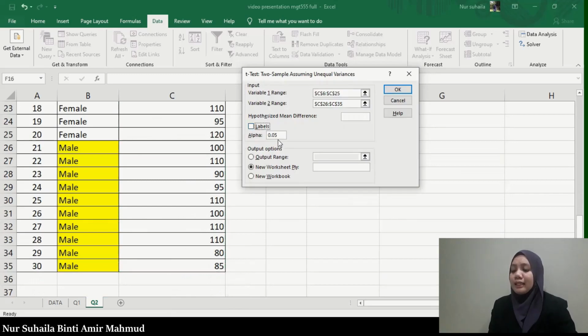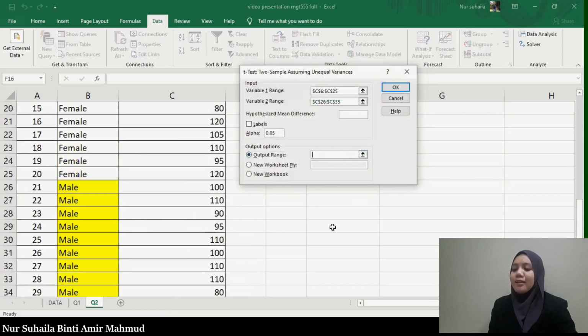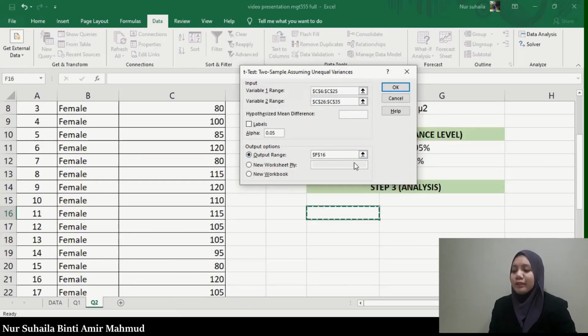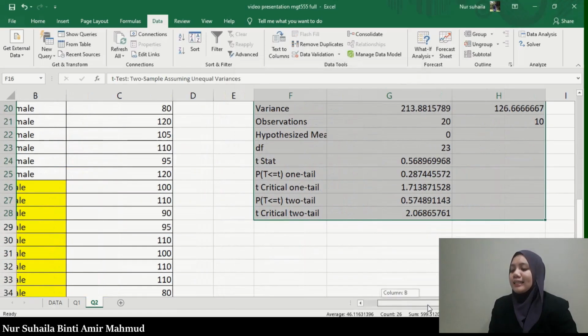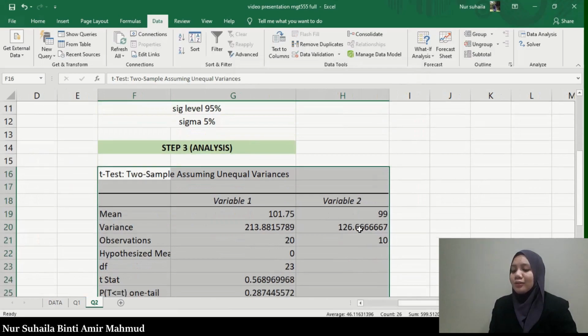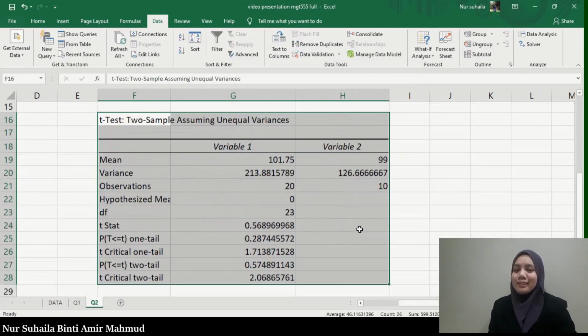Make sure not to tick label, and alpha is 0.05. Then we can choose any range to put our data. Here is the data of the t-test two-sample assuming unequal variance.